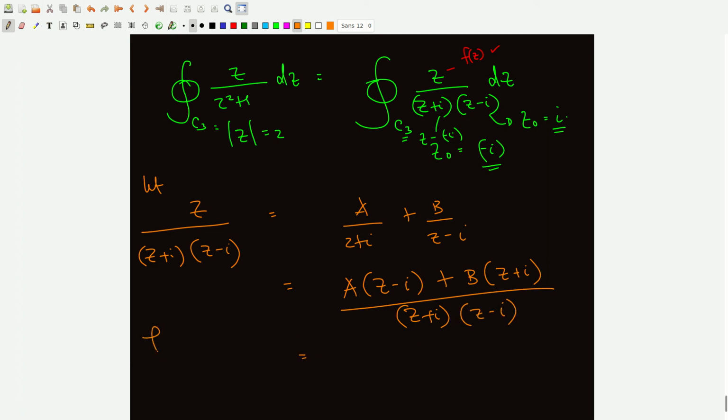Then for z equals I, on the left hand side we have I, and if this is equal to I, this is 0. So we have I plus I is 2I b, and then b is simply going to be 1/2.